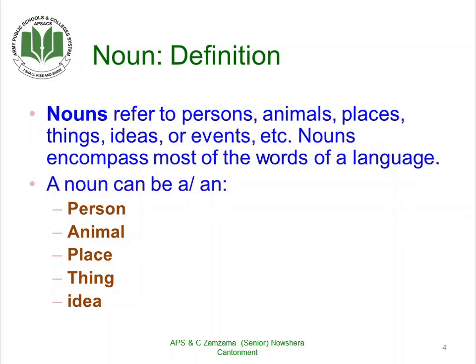Now, coming towards our topic, noun, as you all know, it refers to persons, animals, places, things, ideas, or events. So noun basically encompasses most of the words of a language. A noun can be a person, an animal, a place, a thing, or an idea, simply.